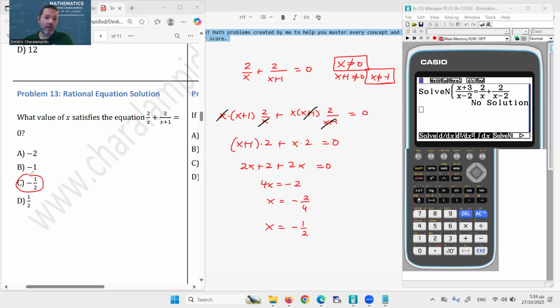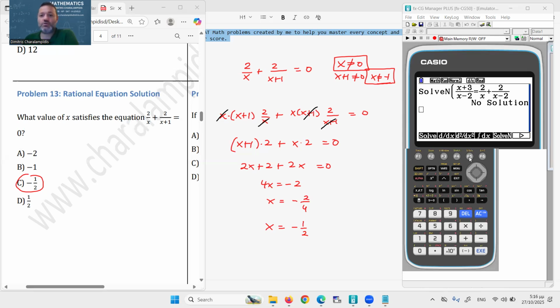This is the way of doing this by hand. Now, the quicker way, and we have said it so many times, the quicker way to solve any given equation would be through our calculator, through the solven. Solven if we refer to the Casio one. Otherwise, it would be the msolve for the TI calculators.